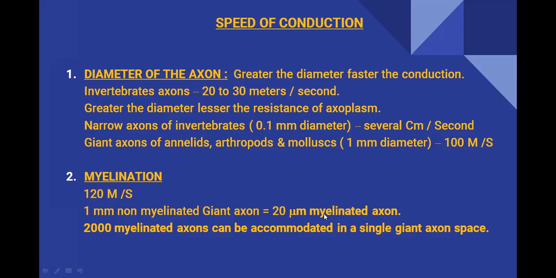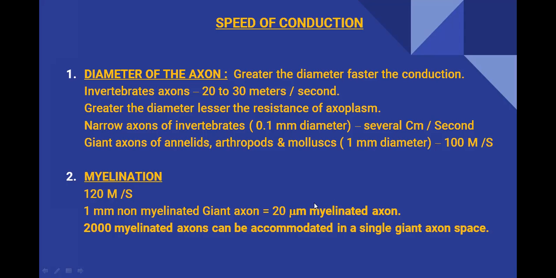Whereas a very thin myelinated axon has a diameter of around 20 micrometers, which is very thin compared to the 1 millimeter giant axon. In such a myelinated axon with a very thin diameter of 20 microns, the nerve impulse also travels at a speed of 100 to 120 meters per second.